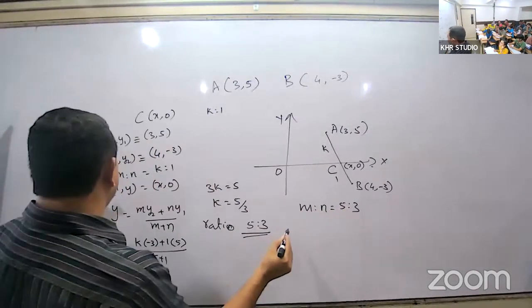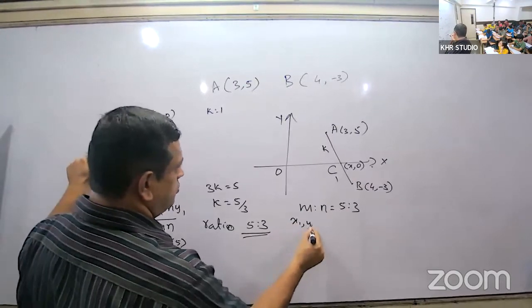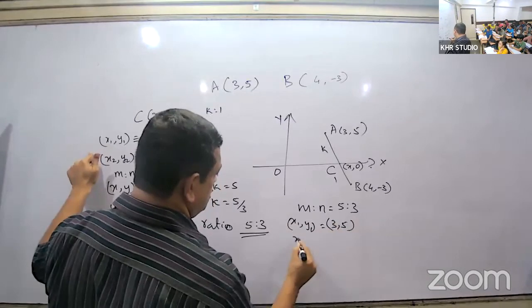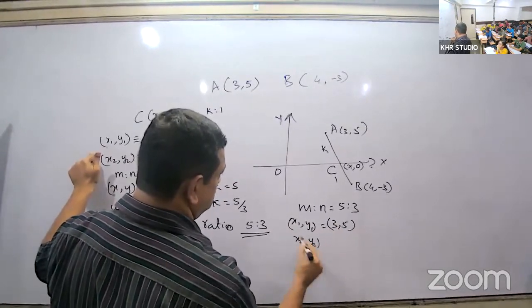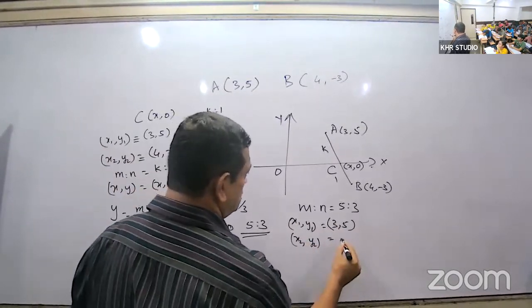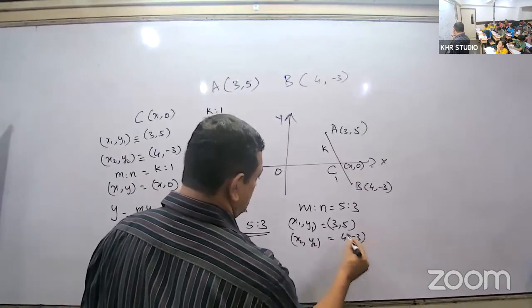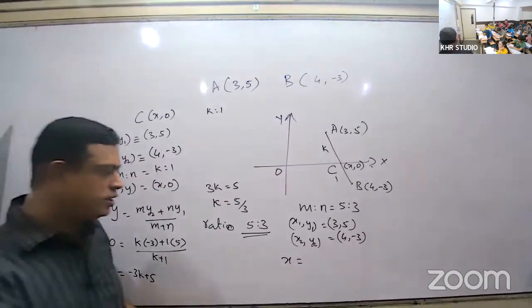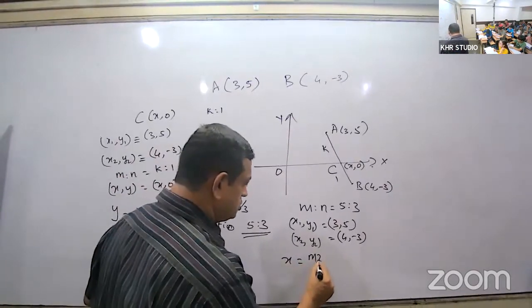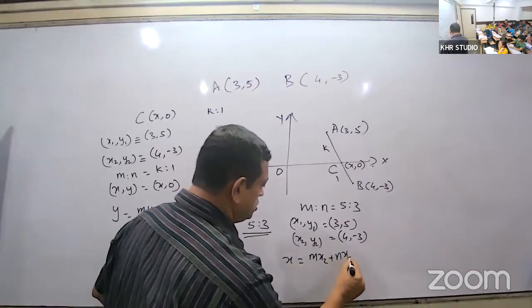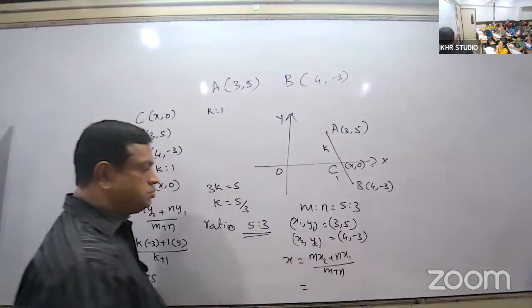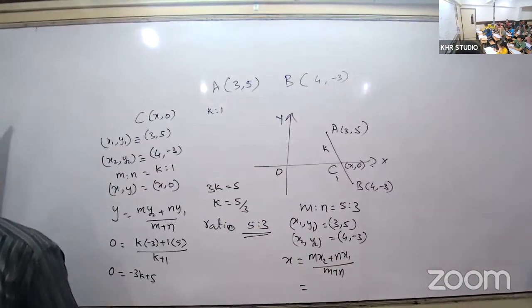We have x1, y1, which is (3, 5), and x2, y2, which is (4, minus 3). Then apply the x formula. Write the x formula, (mx2 plus nx1) upon (m plus n), and substitute the values. Without mistake, replace.